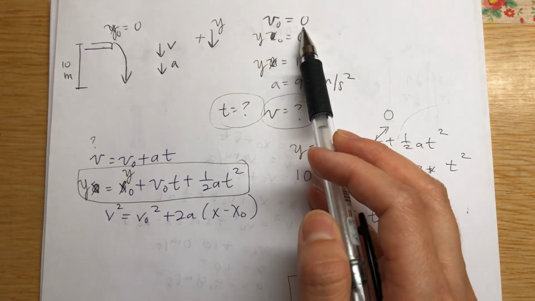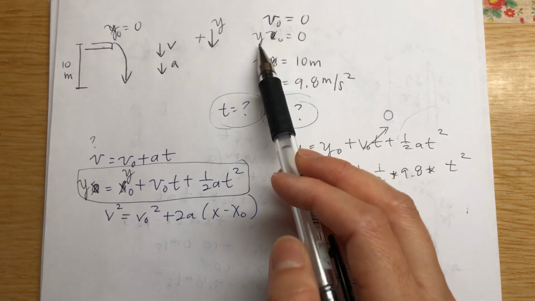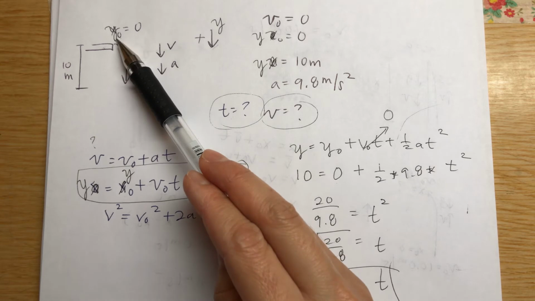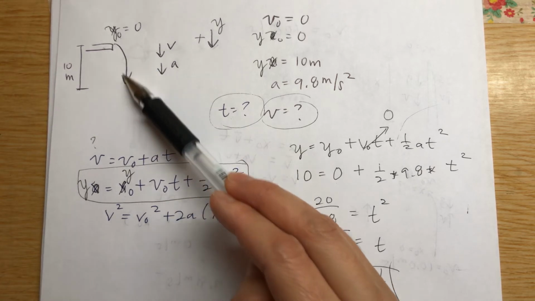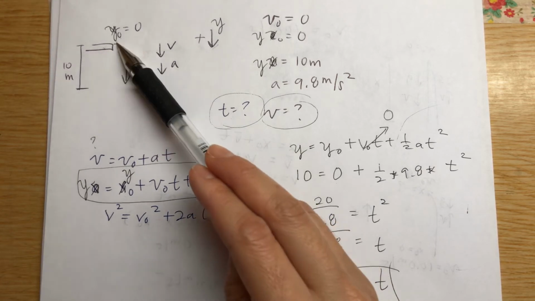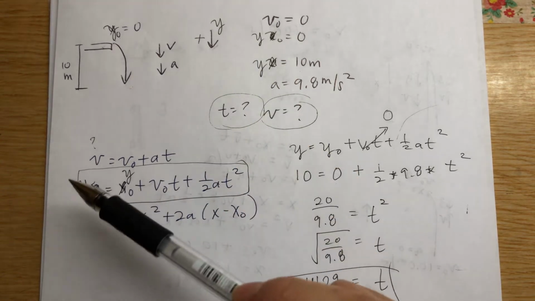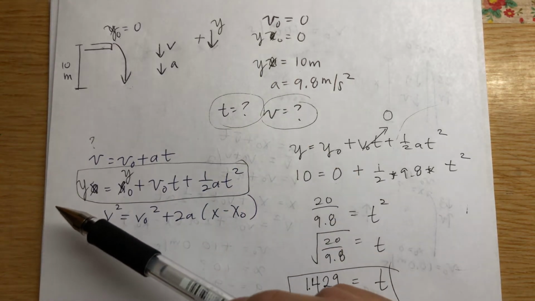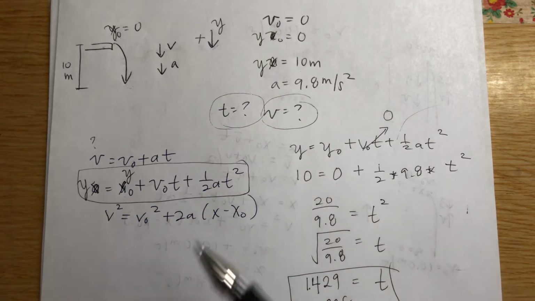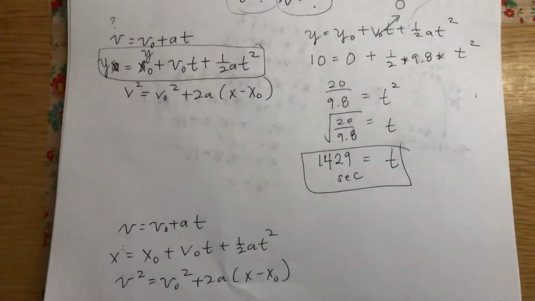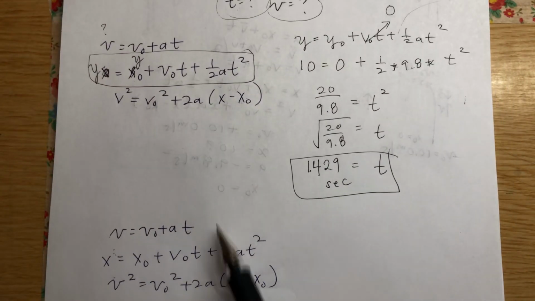V naught, the initial velocity, is 0, y naught is 0. He goes down a positive 10 meters because it's along the positive y, and a is positive 9.8 meters per second squared. So what is velocity? Again, we have these kinematic equations.